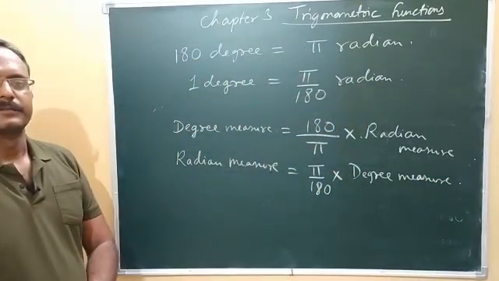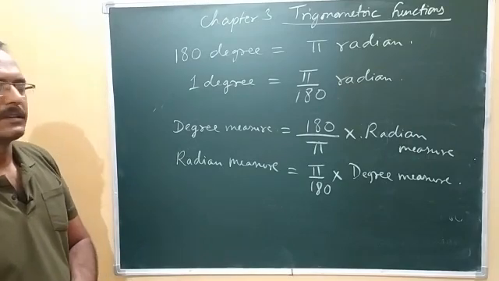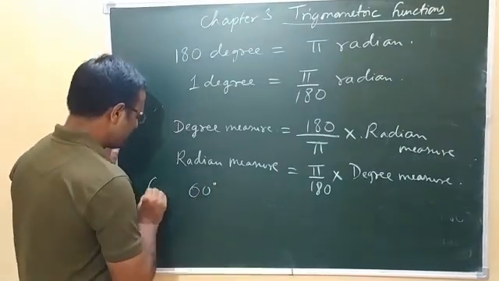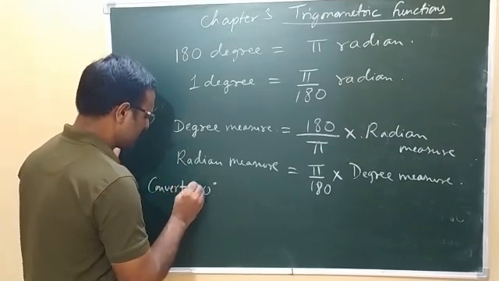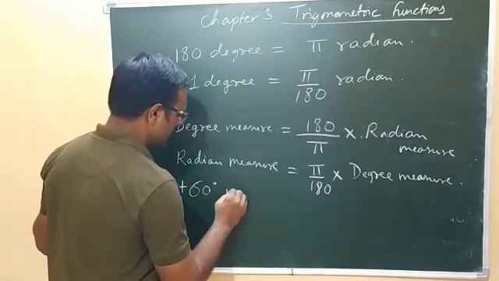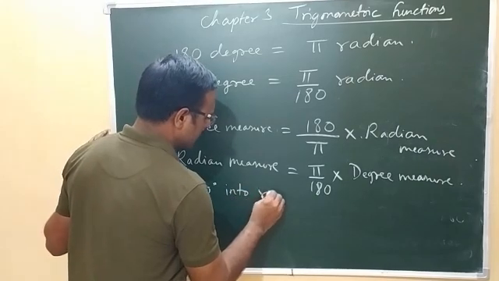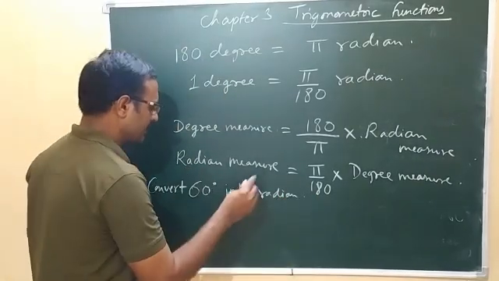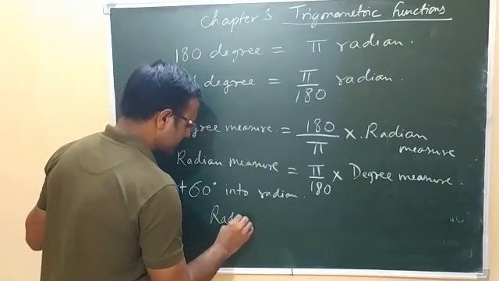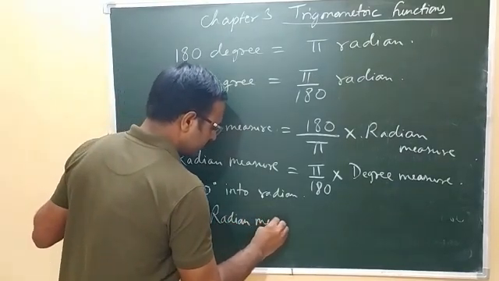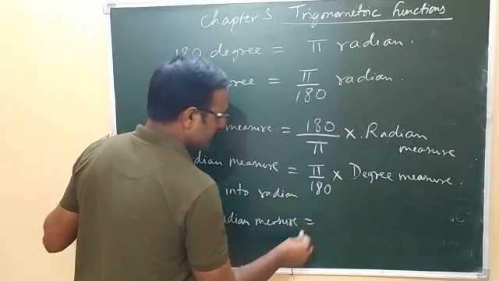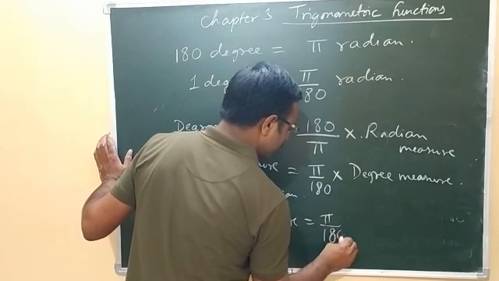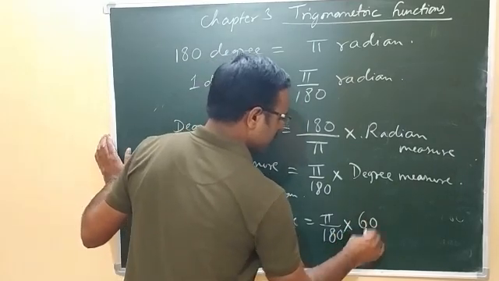So let us take one example. Suppose we have given 60 degree, convert 60 degree into radian. So what we will do, the radian measurement equal to pi by 180 multiply by 60.